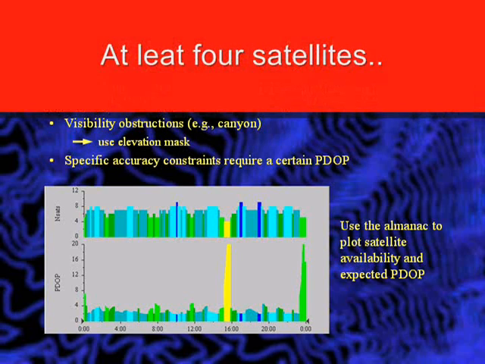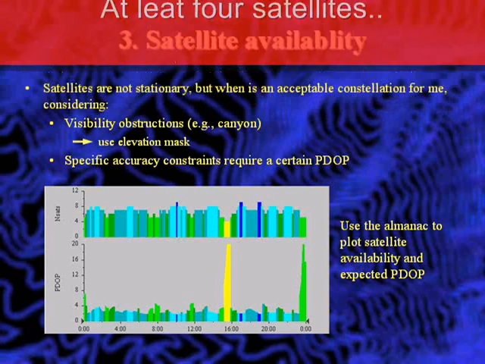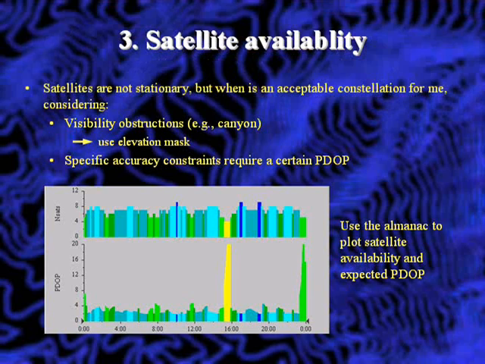At least 4 satellites. So in most instances, you're actually lucky if you get a good PDOP on even terrain with 4 satellites. So especially if you're in a canyon, your time window when you can actually observe is very narrow. It's happened before that you have to go out at 3 a.m. Otherwise you won't find 4 satellites down in that valley.